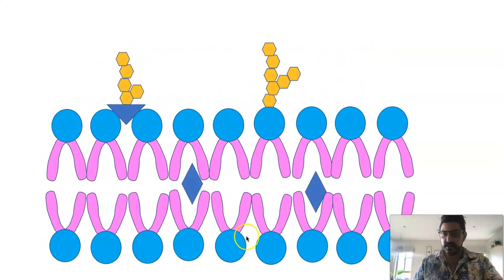All right, on to the last few. So we have glycolipids, glycoproteins, and cholesterols. These guys all have various functions as well. And the first thing that you can see is that they either live inside the fatty acid layer. So this is your cholesterols.